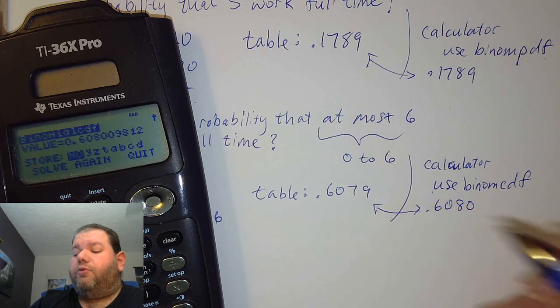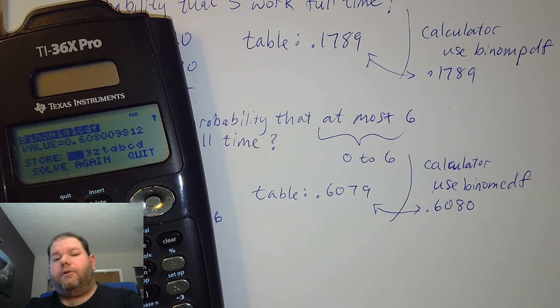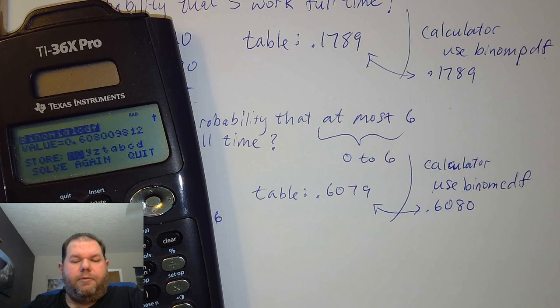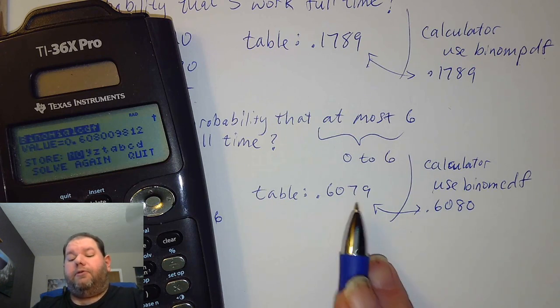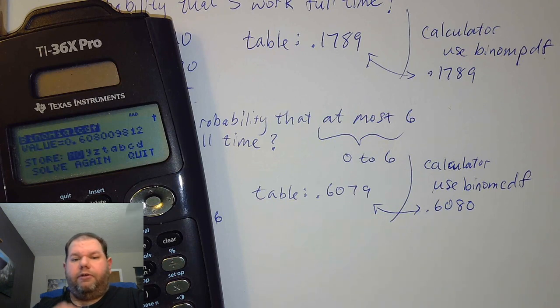So, not quite exactly the same as what the table gave us, but definitely we can see it's right there. They're only like 1/10,000th apart. Why do you think we would get slightly different numbers from the table than we did in the calculator?